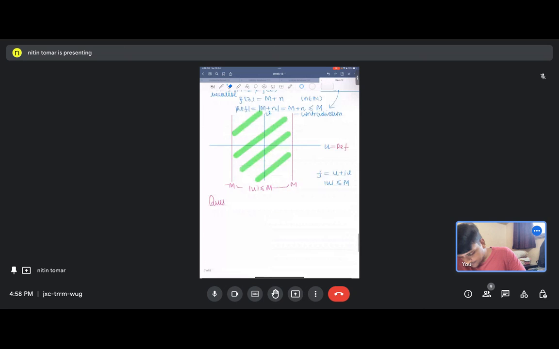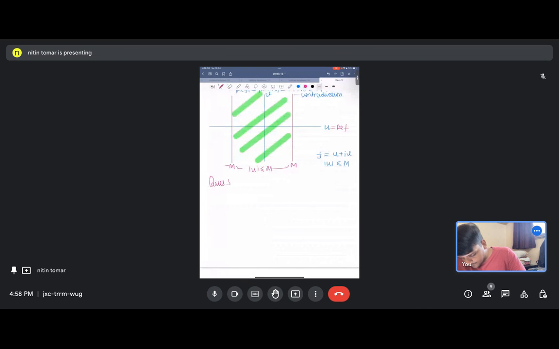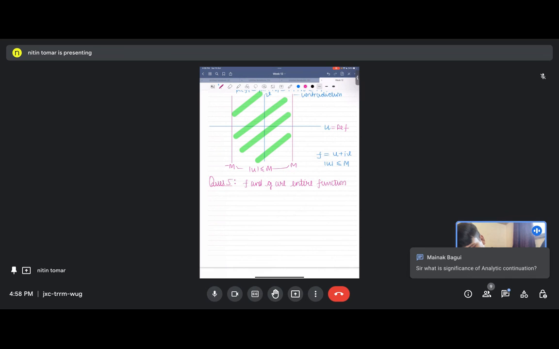Fifth. F and G are entire functions such that e raised to f z plus e raised to g z equals 1.